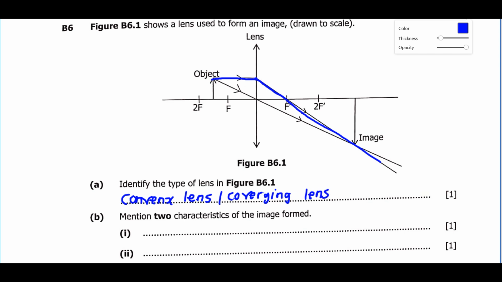Then he mentioned two characteristics of the image formed. You just have to look at the image. The size of this image is greater than the size of the object. That is our first characteristic: the image size is greater than object size.